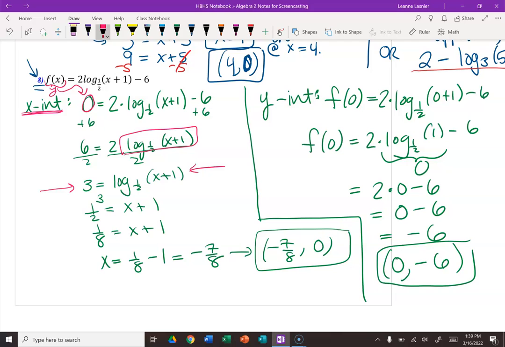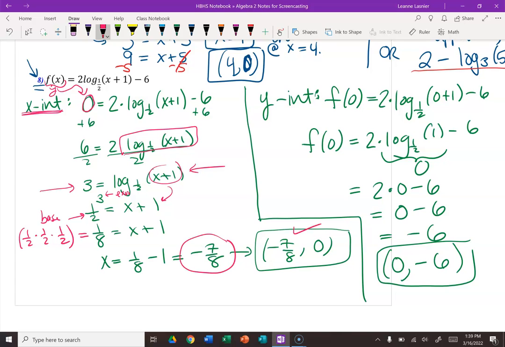Once we've isolated the log, we rewrite in exponential form. So our base was 1/2. Our exponent was 3, and then the thing inside the log is the answer to the exponential form. 1/2 to the 3rd power is basically 1/2 times 1/2 times 1/2, which is basically 1/8. And then I just subtract 1 and get -7/8. That would be my x-intercept.